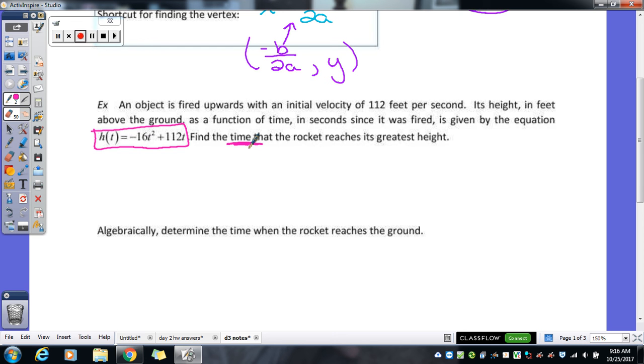So instead of x, though, I'm going to use t equals negative b over 2a, simply because that's the letter they're using, so I got to keep it consistent. What would be our b value from our equation they gave us? 112, so we're going to have a negative 112 there. Our a value is a negative 16, so I have 2 times negative 16 on the bottom.